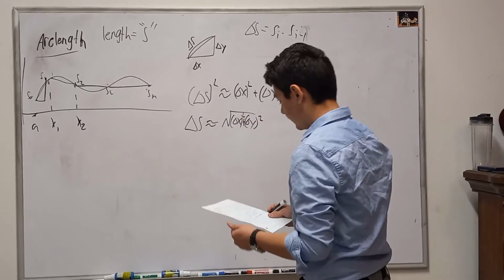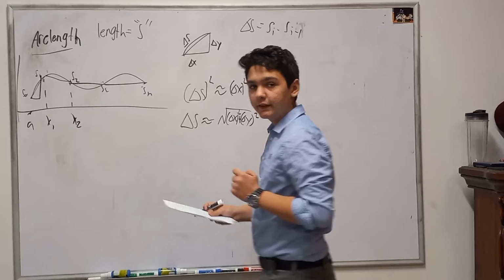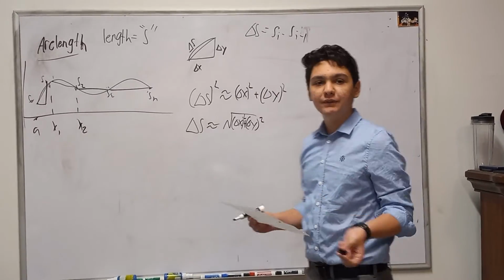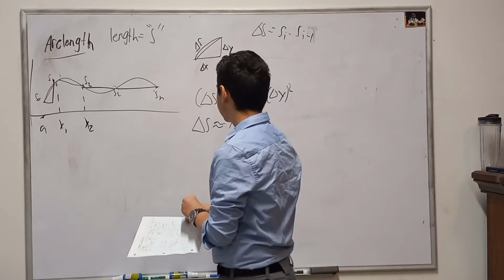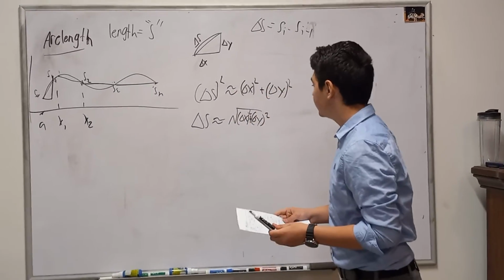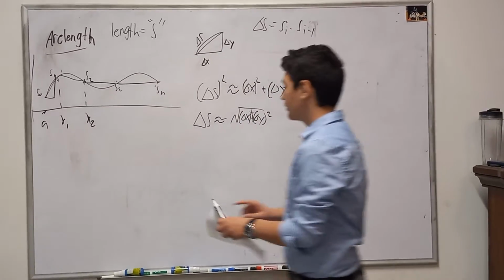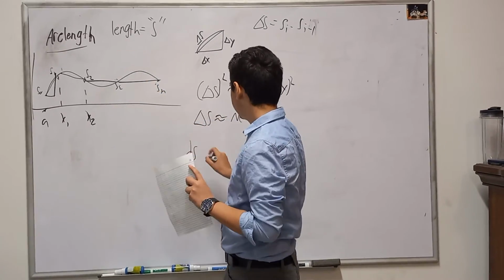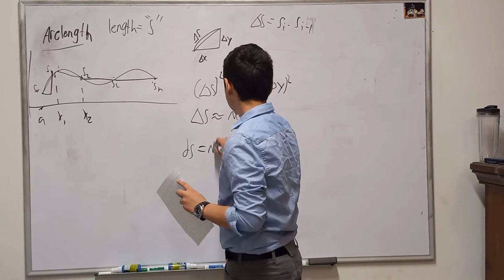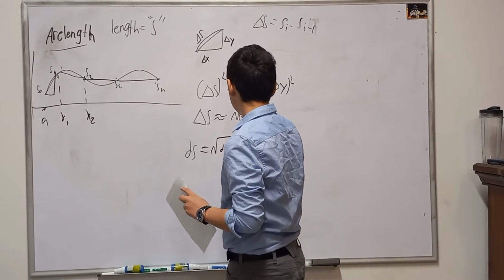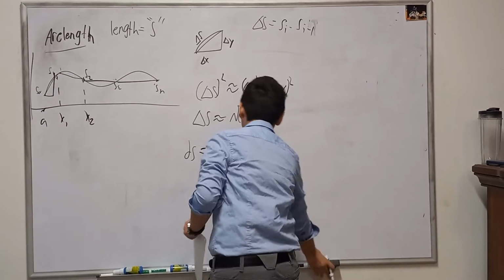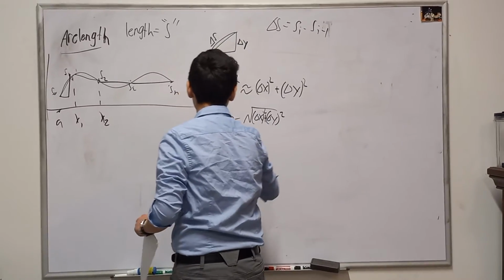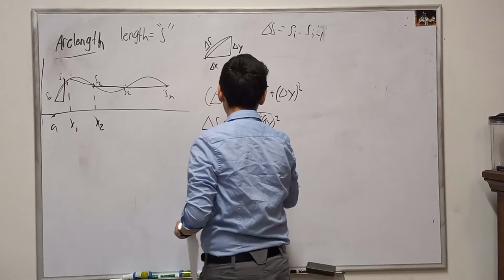Since this is an approximation, but calculus is all about the infinitesimal, we can write this in terms of ds, dx, and dy. This will actually give us the length of it. So ds squared is equal to dx squared plus dy squared.